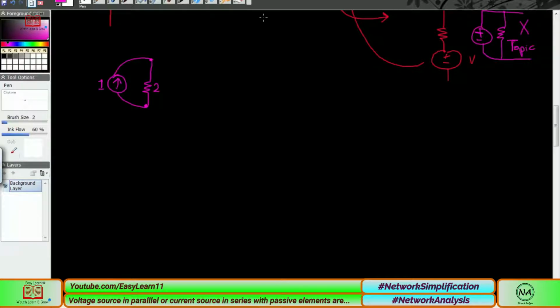Let's suppose here we have another resistance connected. This is our output. The output is taken from here, and this is our first terminal.